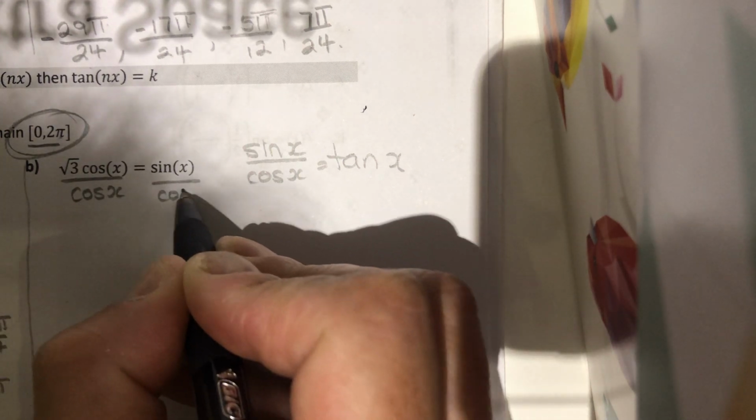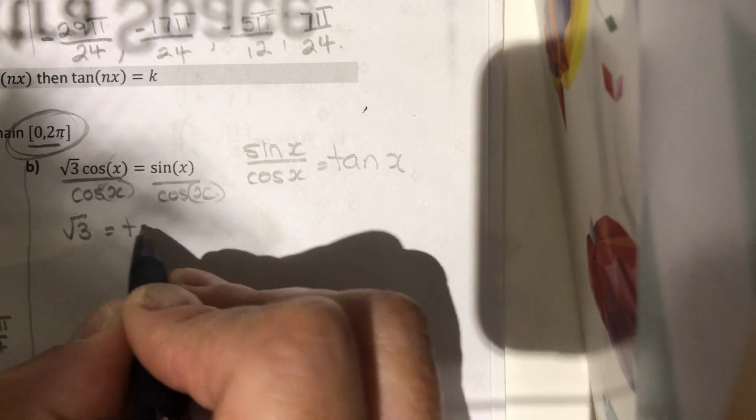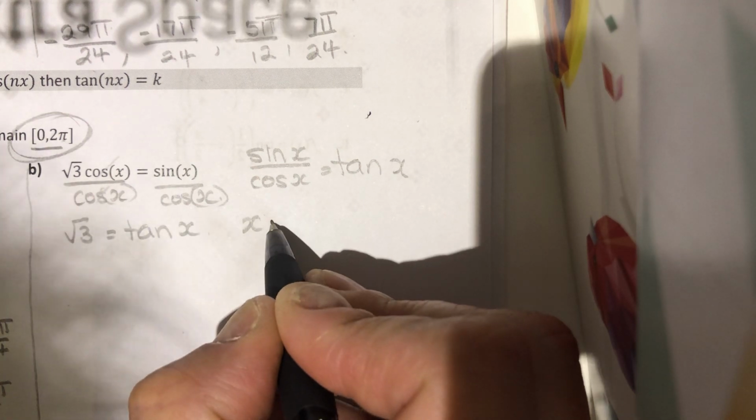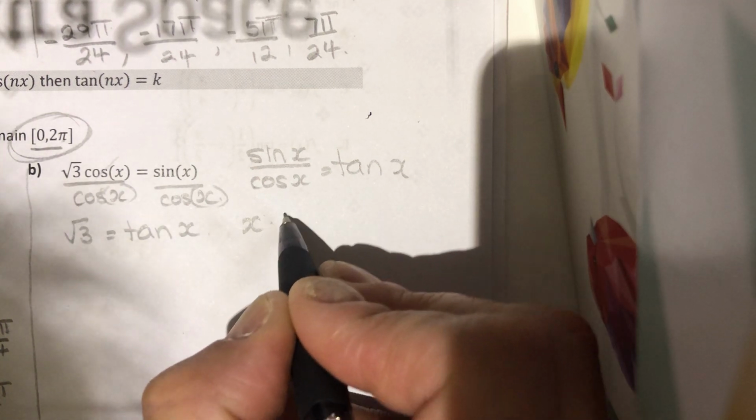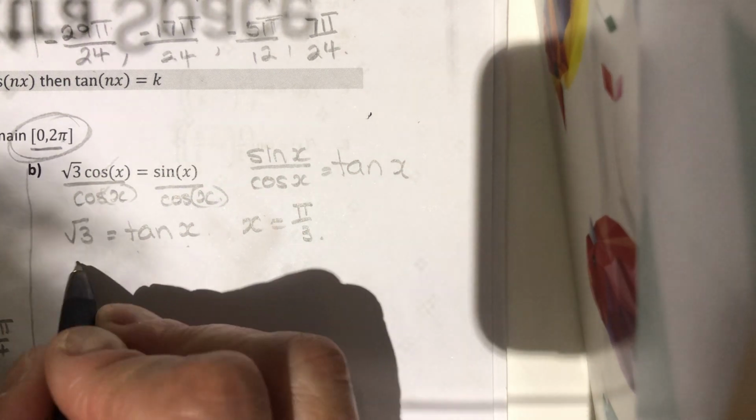So we're going to divide both sides by cos of x, and we will have root 3 is equal to tan of x. So this one is a straightforward one. If you look up your graph or you know it already, your table, you should find out that x is equal to pi on 3. So in other words, tan of pi on 3 is equal to root 3.